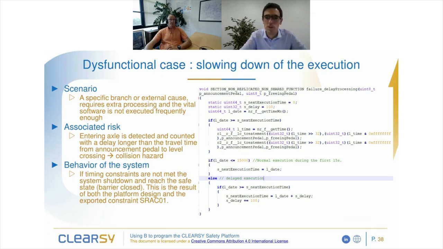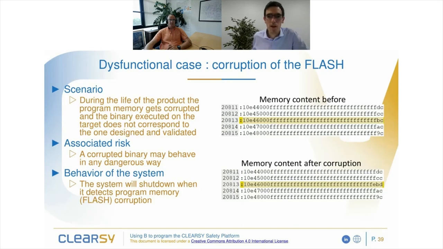So during the first 15 seconds, we execute the software normally, and then we delay the call to the LC treatment function. And as it will be demonstrated just after, the barrier closes.